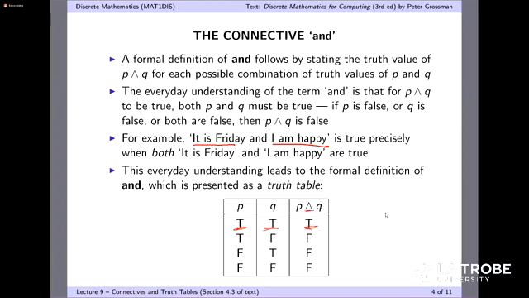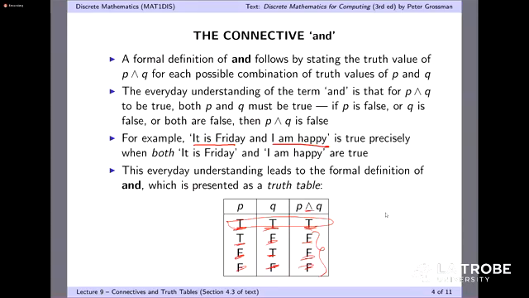So if both of them are true, then it is true. In all other scenarios, it is false. It's Friday and you are not happy, so it has to be false. It is not Friday, any other day, even if you are happy, it doesn't matter. The statement is false. If it's neither Friday nor you are happy, of course the statement is false.